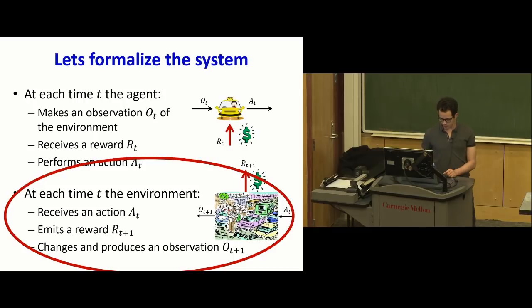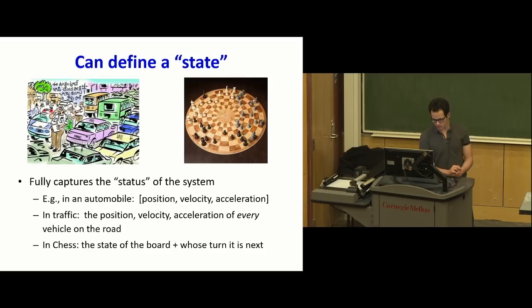From the environment's perspective, you're going to modelize that with states. So a state is going to be like the relevant summary of the observation. It's a value that's supposed to capture the relevant status of the system.